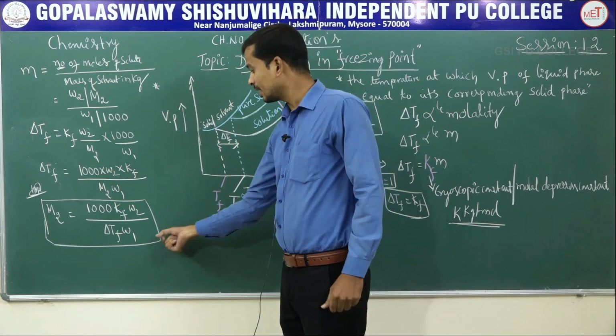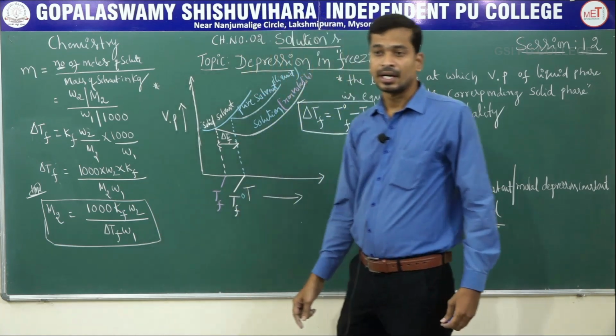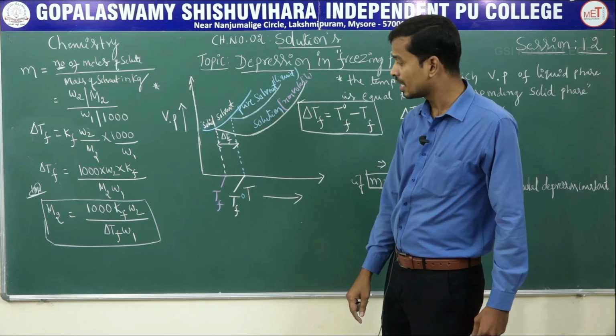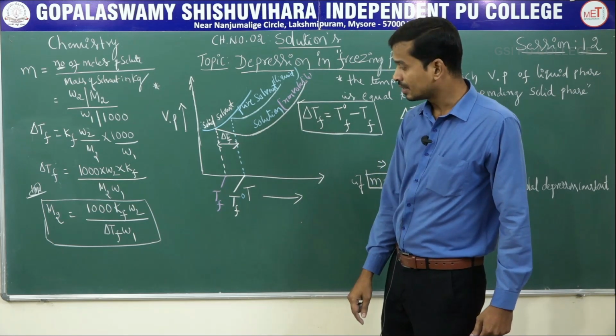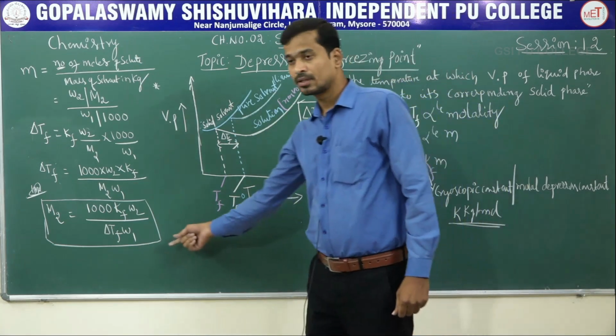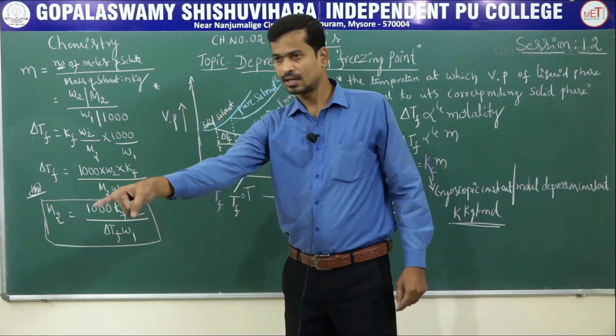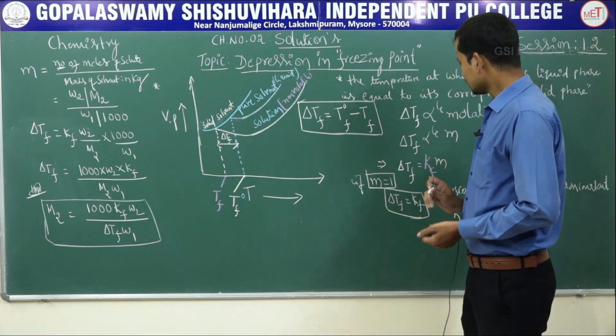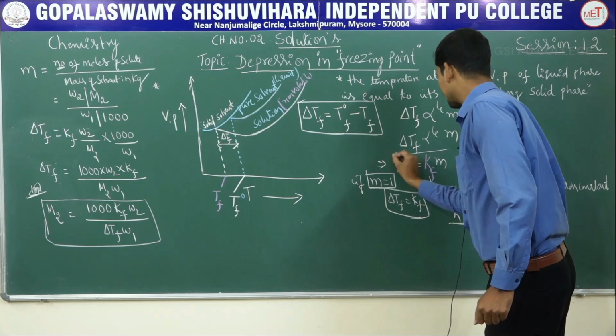Clear? M2 is equal to 1000 Kf W2 divided by delta Tf into W1. Clear?